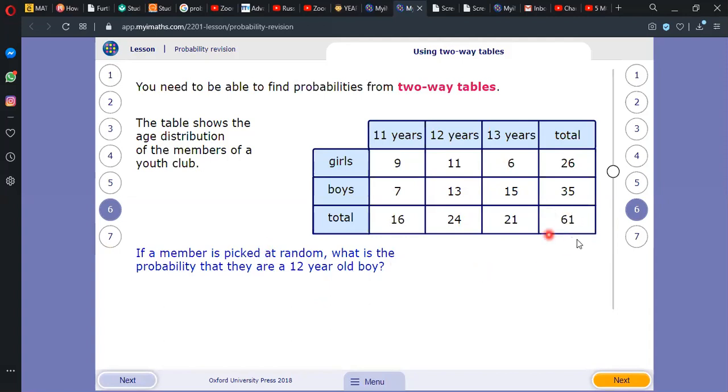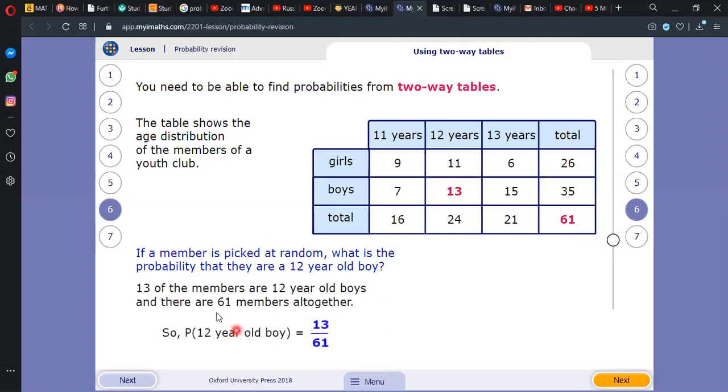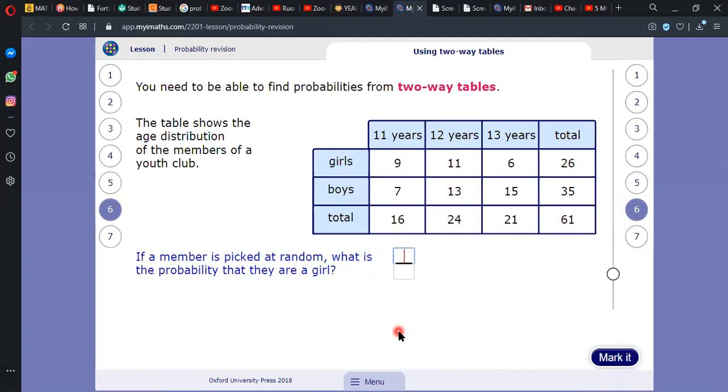So the total is 61. So you have 13 over 61 for that. 13 of the members are 12-year-old boys, and there are 61 members altogether. Now, if a member is picked at random, that means all members, 61. What is the probability that they are a girl? Of course, we have to talk about girls now, and the total of girls is 26.